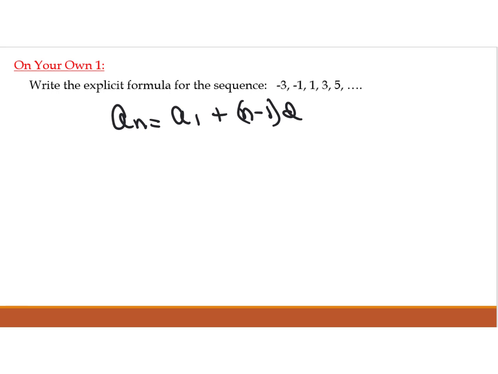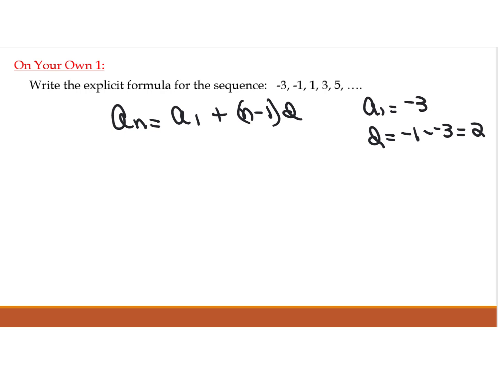In order to write this formula, I have to know two things. I have to know what A sub 1 is, and I can tell by looking at the problem that the first term in the sequence is -3, and I have to know what D is. And to find D, remember it is always the second term minus the first term, and when I simplify that, I get a common difference of 2.